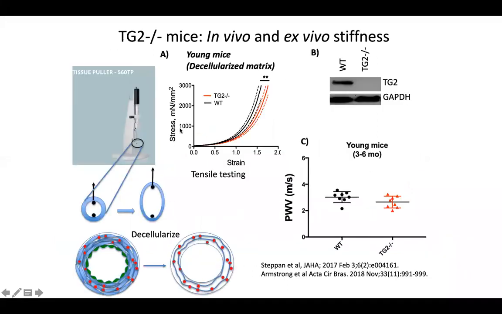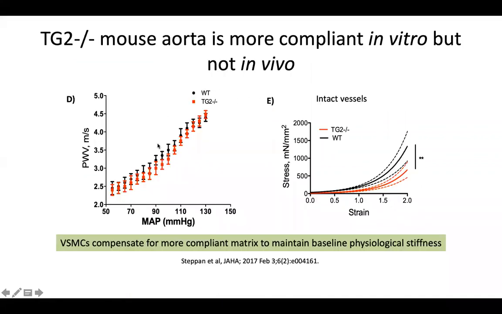We wanted to make sure that the changes we note here and here are not due to some peculiarity with their blood pressure. When we do the invasive dual catheter technique, we see that the two vessels from the wild type and the TG2 knockouts are actually indistinguishable.